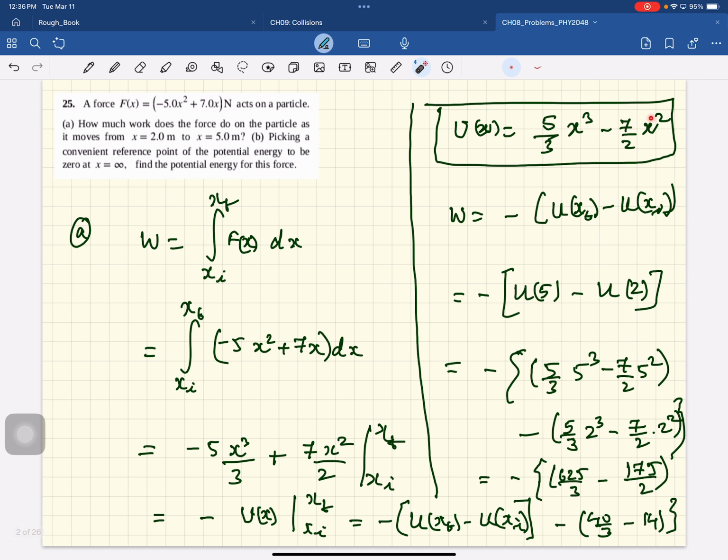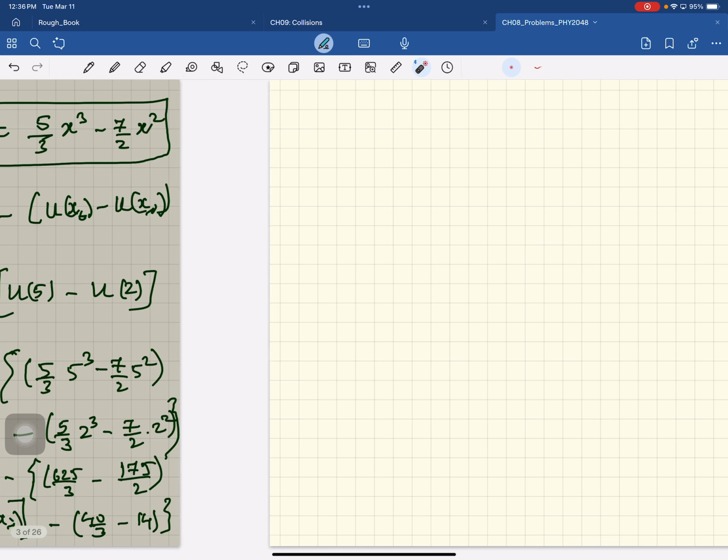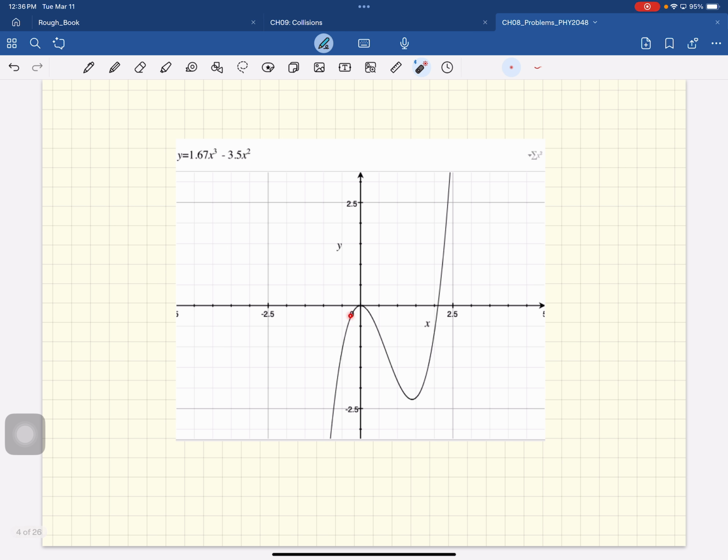The x cubed term overwhelms this for large x, so this graph looks like x cubed for large x, and the x squared term only matters for small values of x.